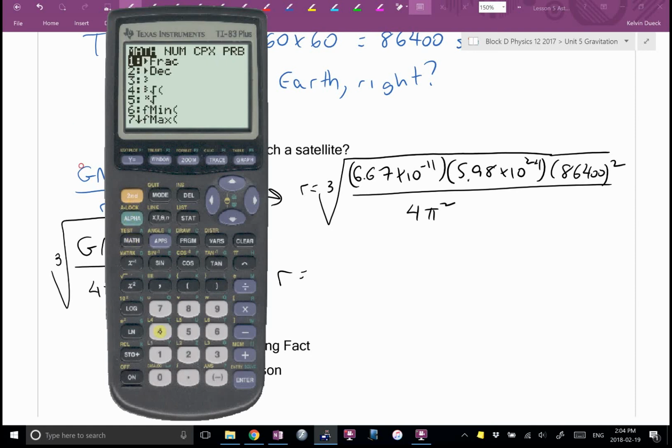Math, cube root, answer button. Do you get 422,504.74? Yep.